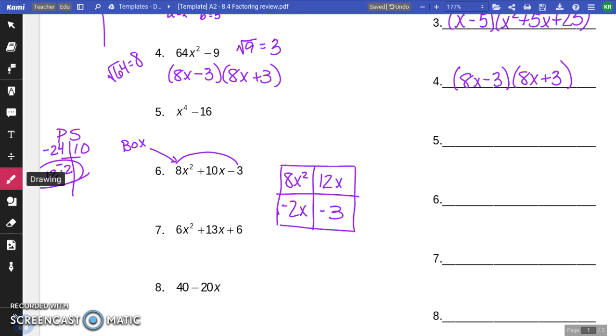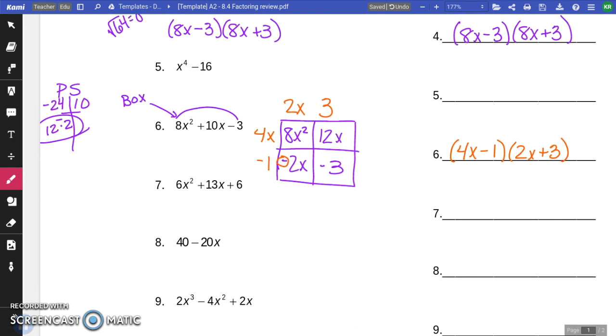I can take out a 4x out of this first row. Second row, they don't have anything in common, so you're taking out a 1. But remember, because this first term is negative, you're going to go a negative 1. First column, I'm going to go 2x. Second column, I'm going to go 3. Okay, so there's my factored version: 4x minus 1 times 2x plus 3.